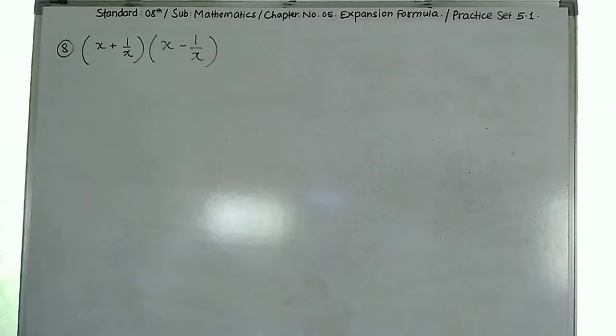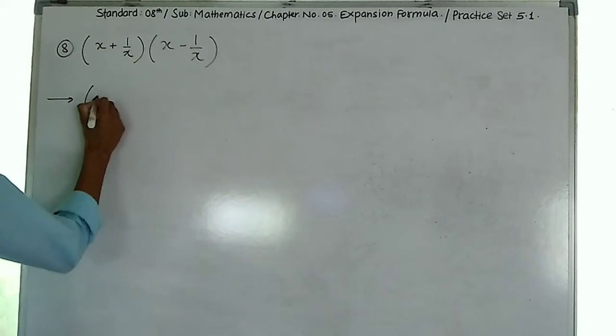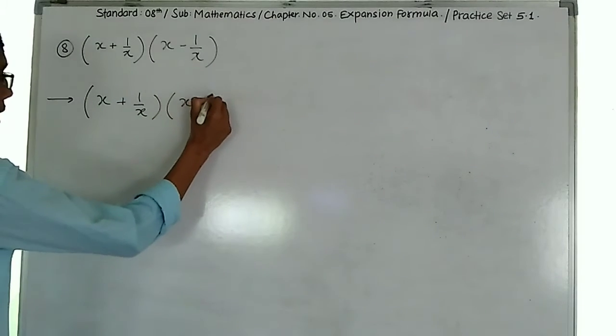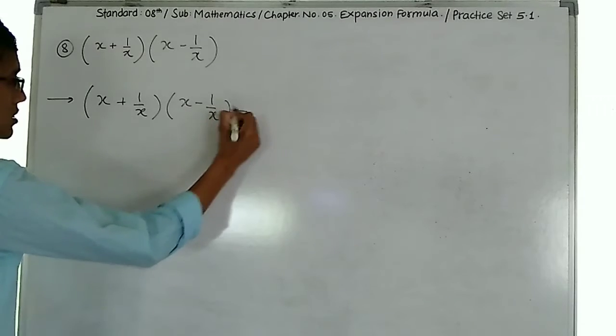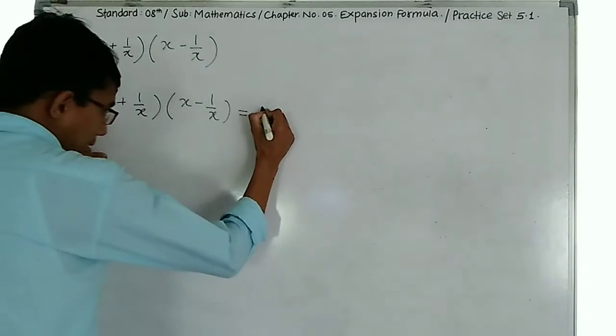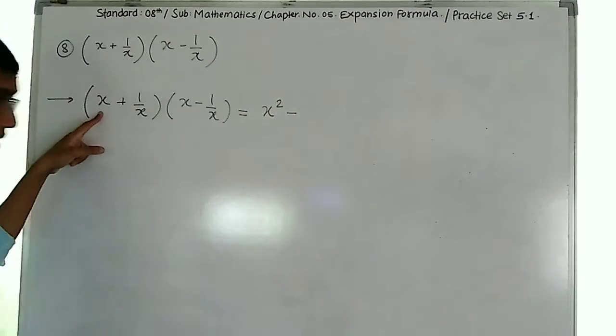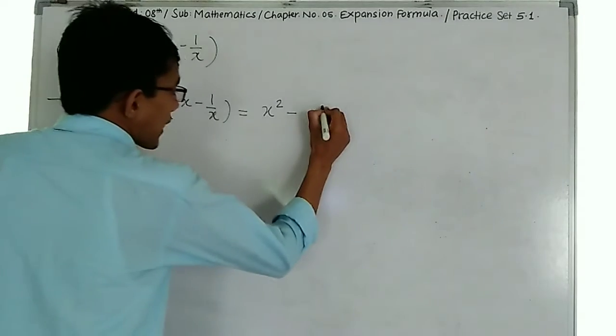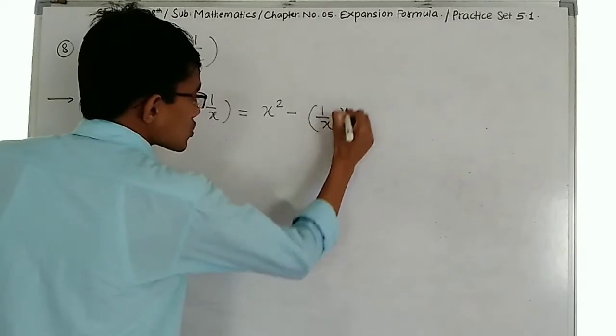So we can use the expansion formula, that is a² − b² = (a + b)(a − b). So we can easily write this as (x + 1/x)(x − 1/x) is equal to, now x is my a, so x², minus sign as it is, 1/x is my b, so (1/x) raised to square.